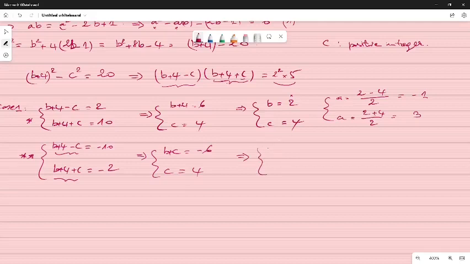This implies that b equals minus 10 and c equals 4.